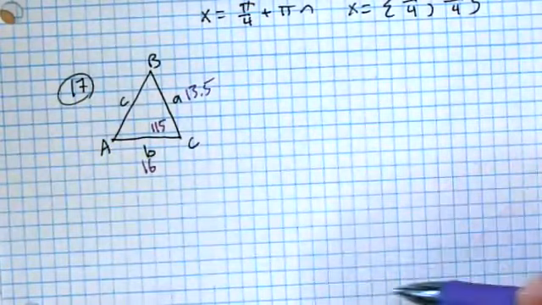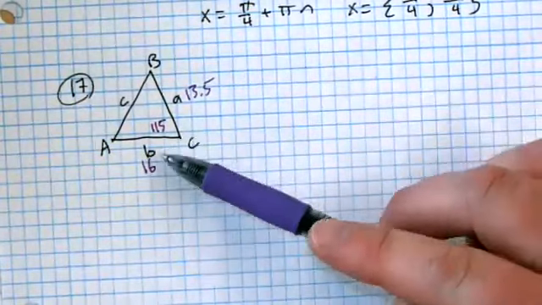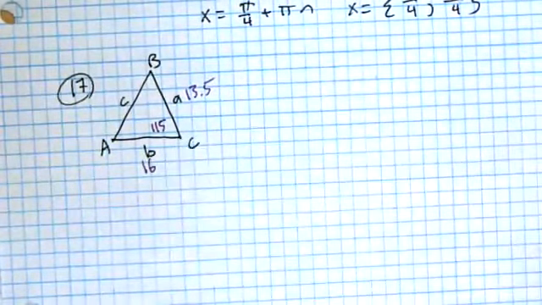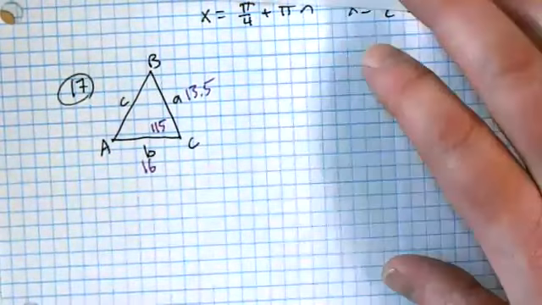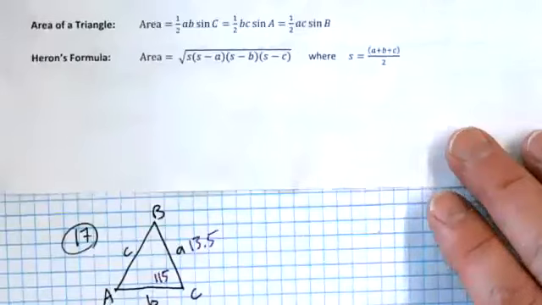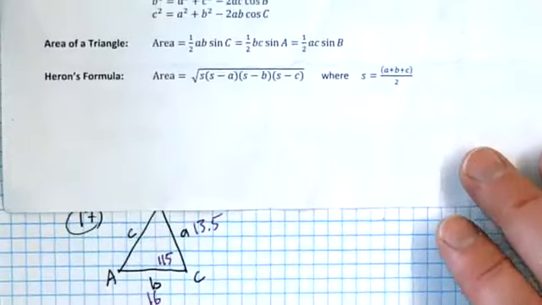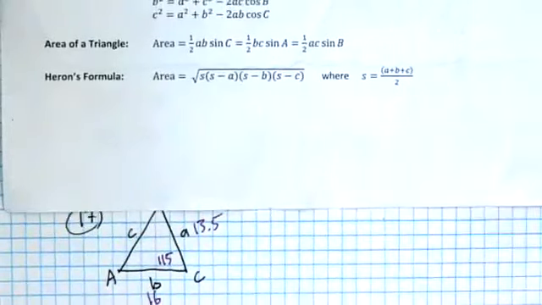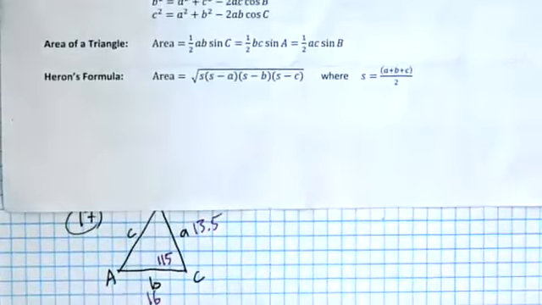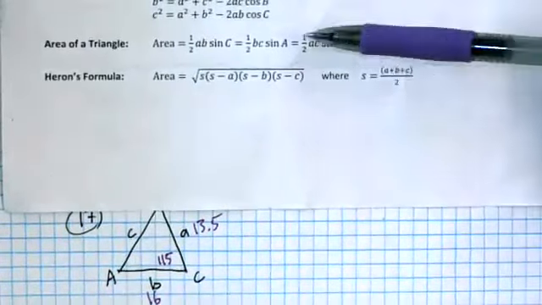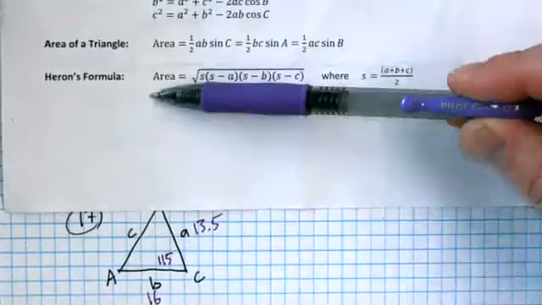Notice that we've got values for two sides and an angle, the sides A and B and the angle C. So if you had to choose between one of these formulas up here, which one do you like? I'm just talking about the major categories. Would you think we're going to do area of a triangle or Heron's formula?